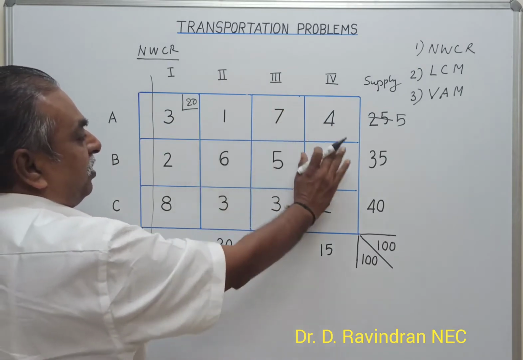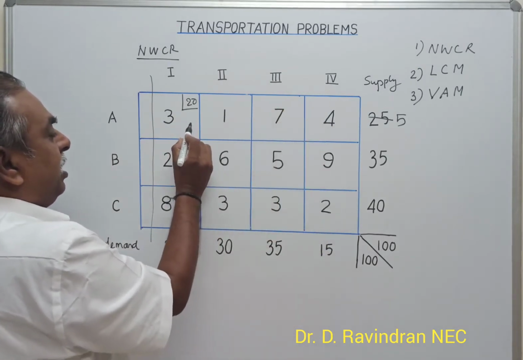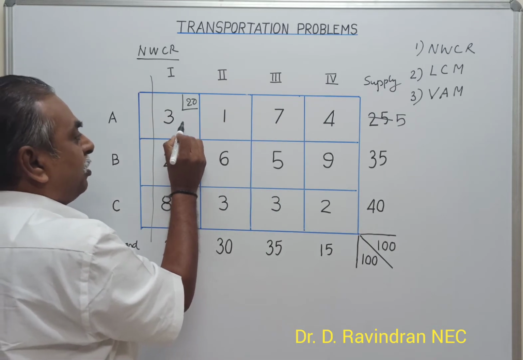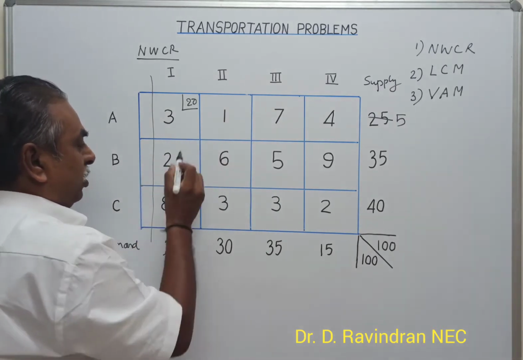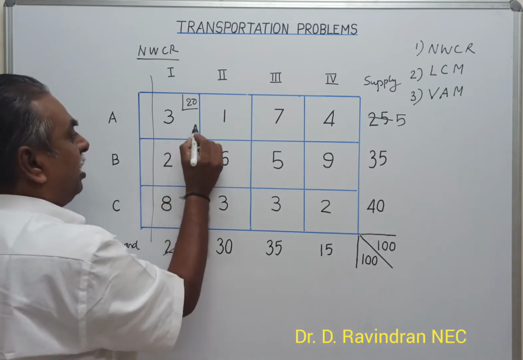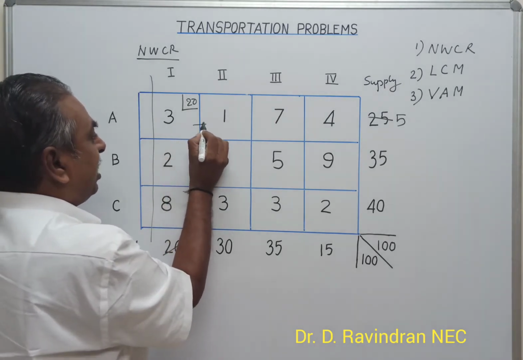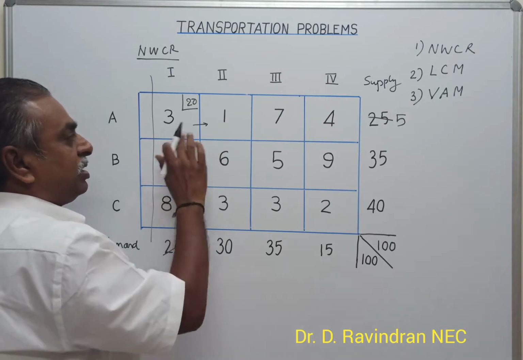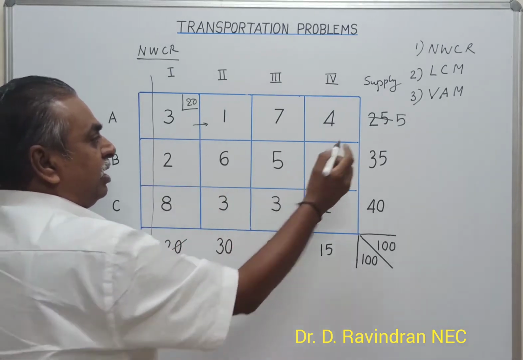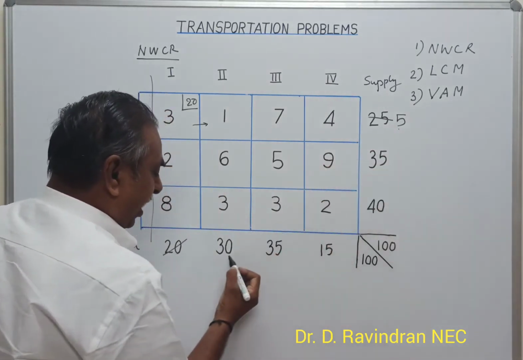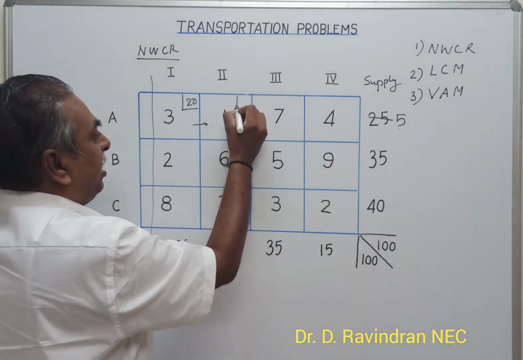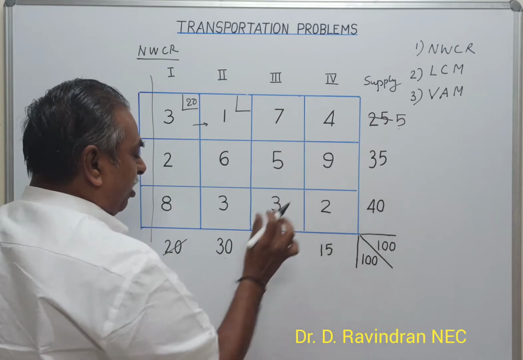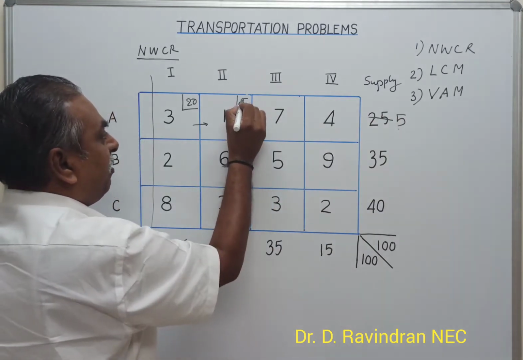Now we can move either right or go down. Since this one is completely over, we go to the next cell. Here the supply is 5 and demand is 30. So at most we can allocate the minimum of these two, that means 5 units.